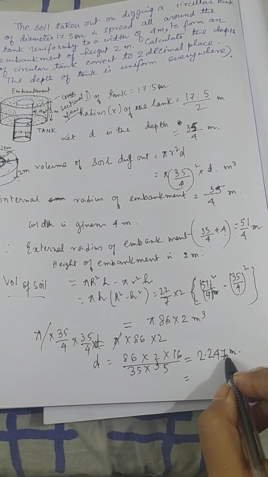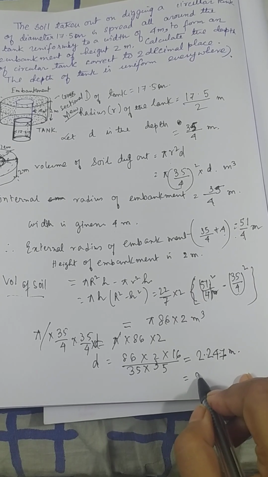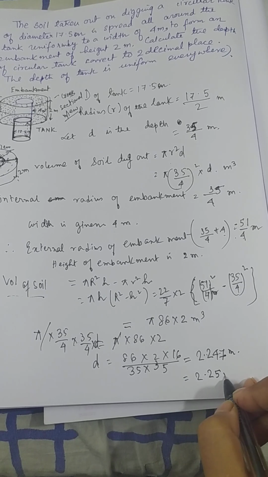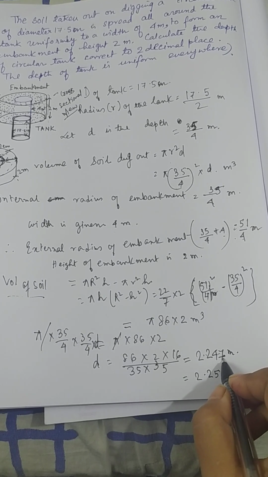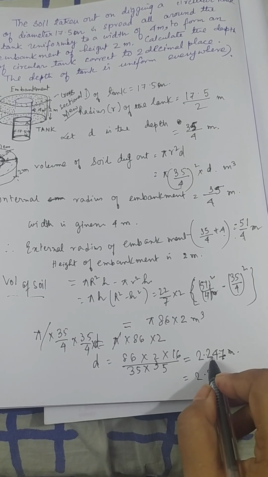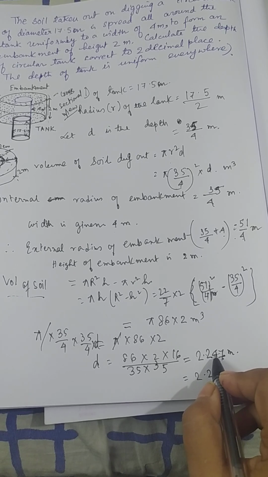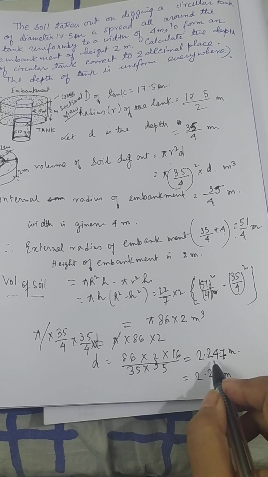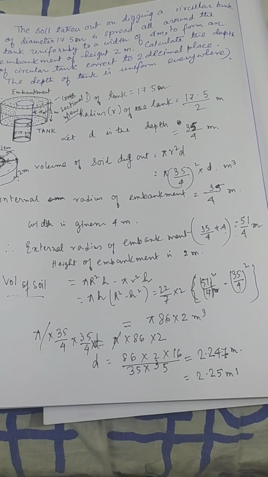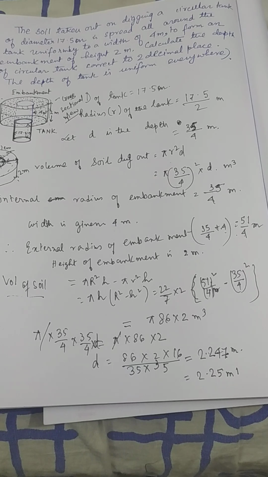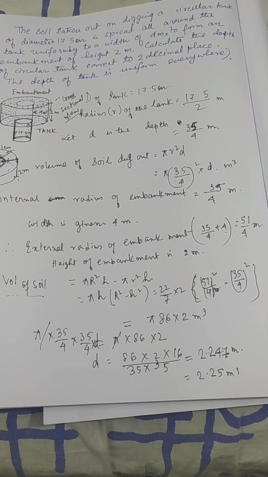So obviously 2.247, if we correct it, it will be 2.25 meter, because if it is 7 in the 3rd decimal place, which is greater than 5, we have to add 1 to the preceding digit. So 4 plus 1, that is 5. So 2.25 meter is the height or depth of the circular tank.